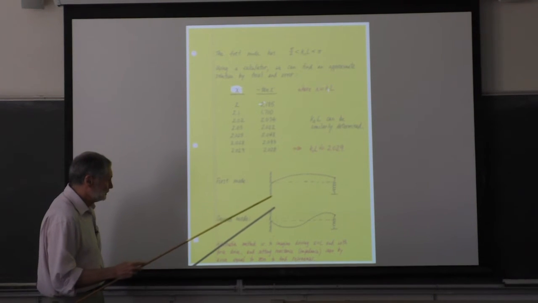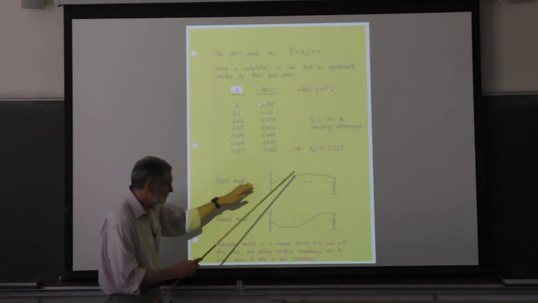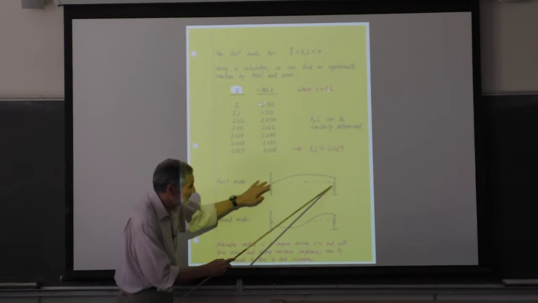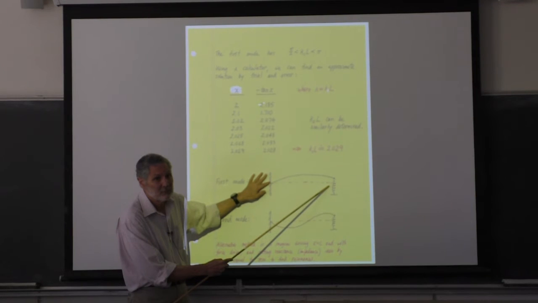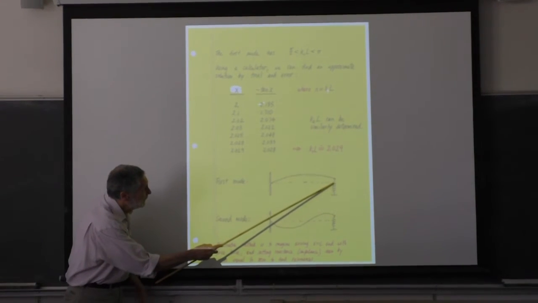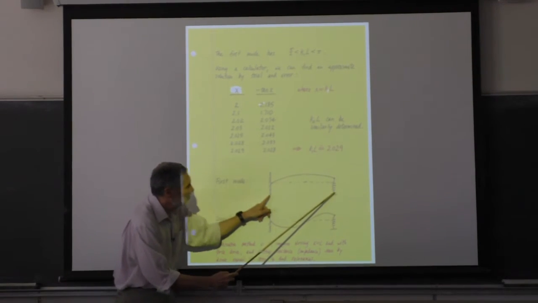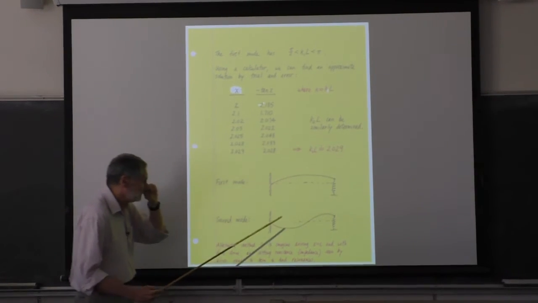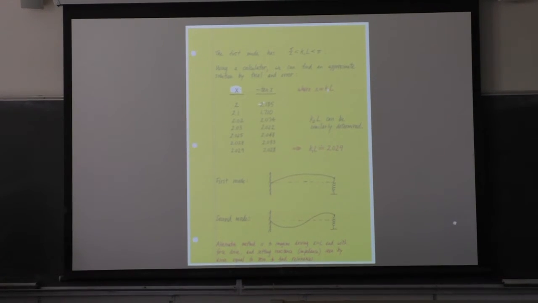So it's a good check on the solution that half a wavelength is greater than L. And you can see it here, right? Because this point's going like this. Half a wavelength between the two points here over the length L will be too short. And similarly, these other modes. Okay.